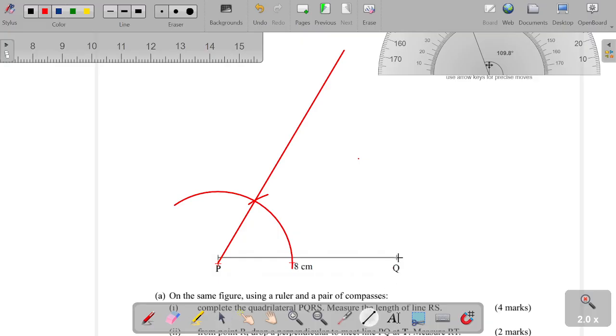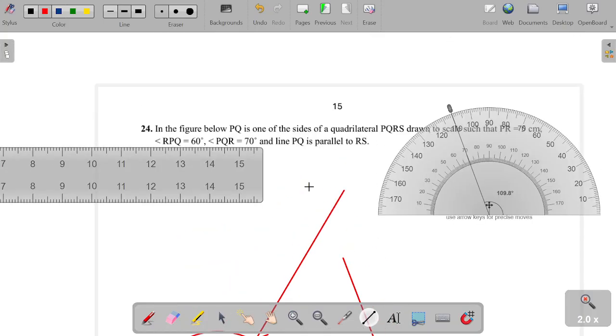I'll stand from Q here. Remember, 70 you cannot construct. The only option you have is to measure. So that is 70 degrees. Then after that, we are again being told, let me just remove this one.